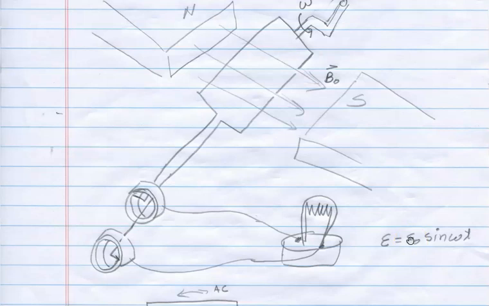A lot of countries, instead of 60 cycles per second, use 50 cycles per second. And instead of their household voltage being 120 volts maximum magnitude, they use 240. But you see a number of different conventions that different countries have used and do use still.